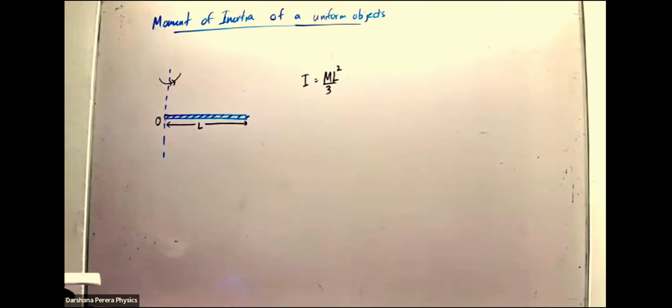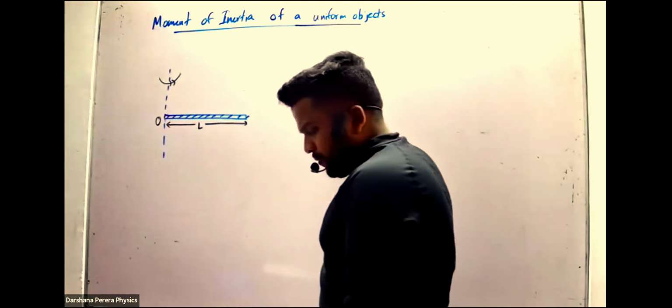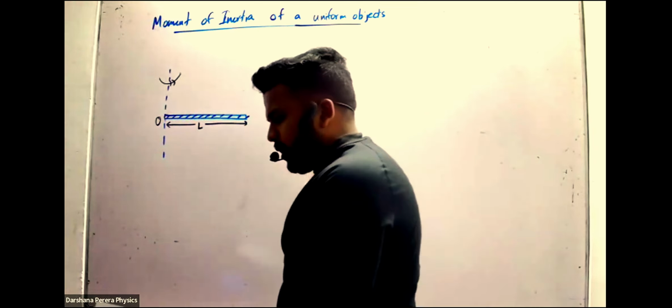Okay, write down this one only: ML square over 3. Then number two.